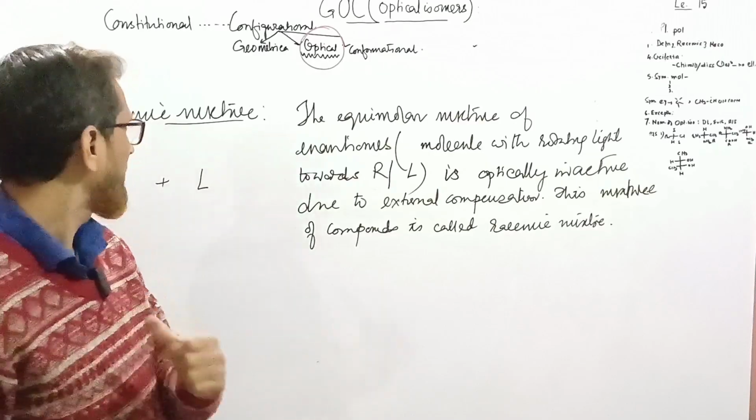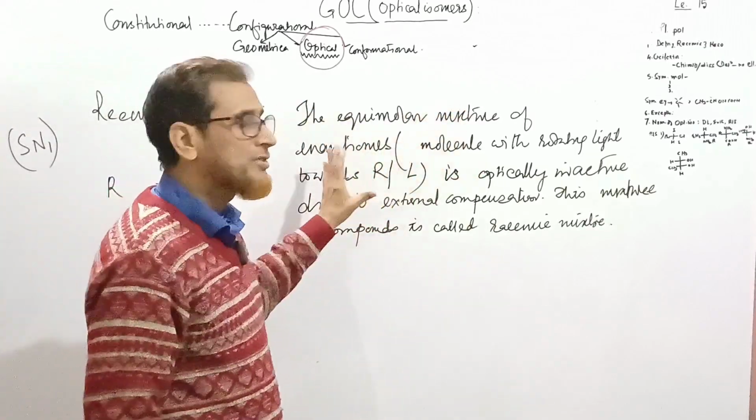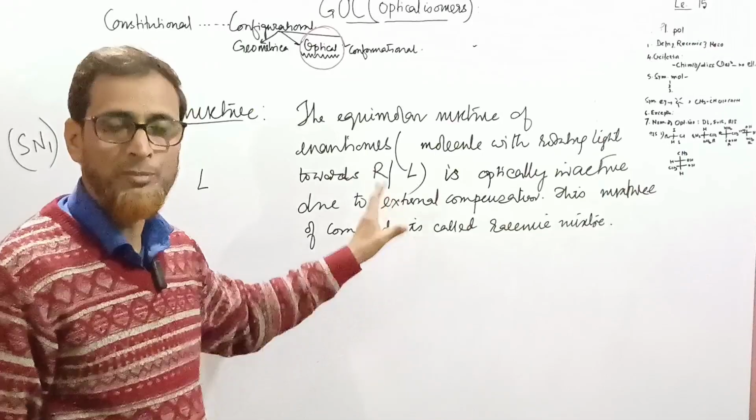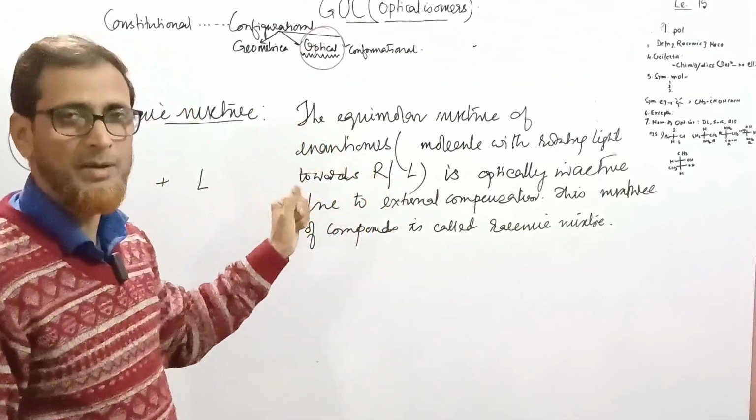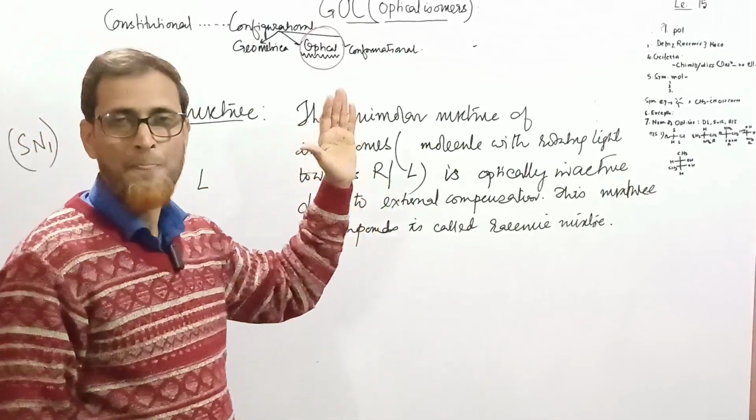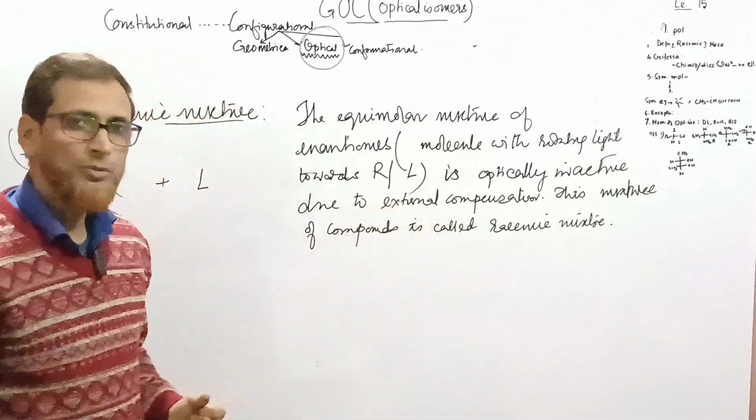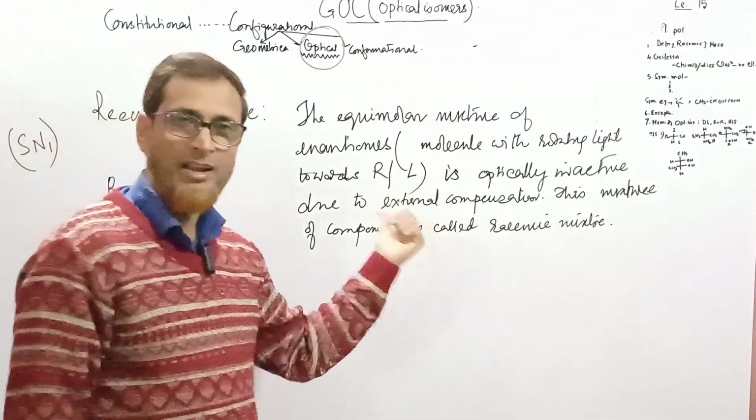Beforehand I am explaining this: the equimolar mixture of such compounds, the compounds which we have already explained, one that has the ability to rotate light in the right direction, another type of compound which has the ability to rotate light in the left direction.